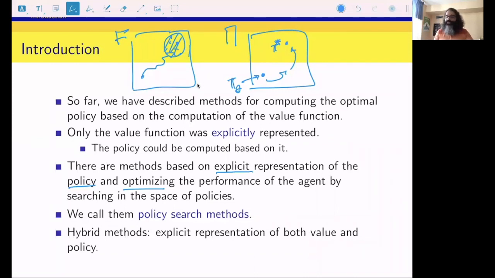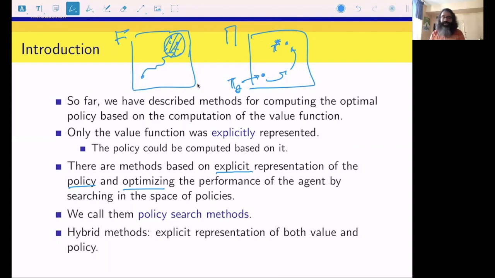And we call these methods policy search methods, or sometimes direct policy search methods. And of course, there would be methods that are a hybrid of policy search methods and value-based methods, where we have both explicit representation of the policy and value function, and we use both of them in order to solve the RL problem.